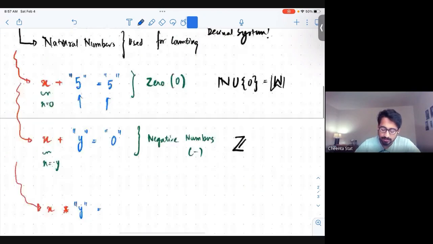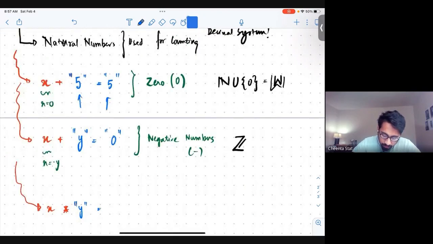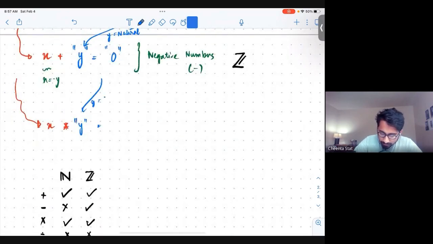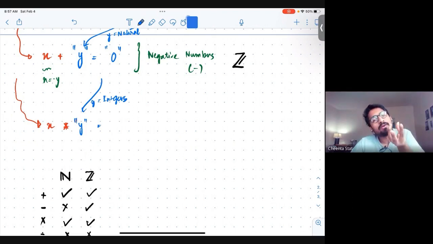Whatever y you're giving here, y is a natural number, okay? Here whatever y you're giving, it's an integer, because you have updated the system of your arsenal of numbers. So is there a number x such that when multiplied to y gives 1?